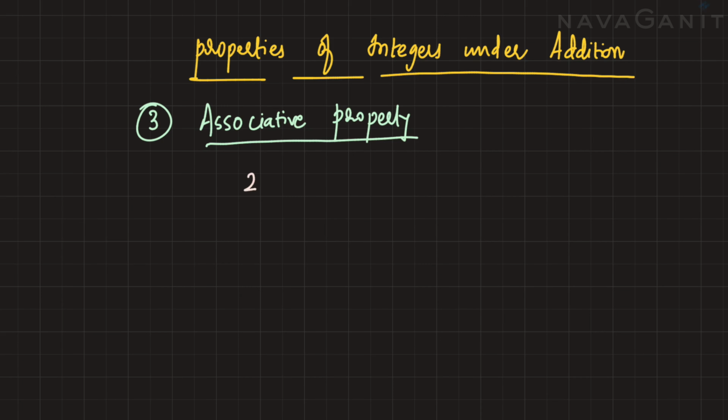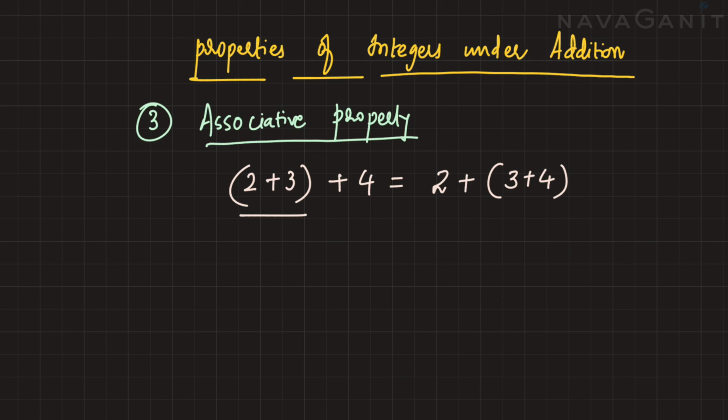For example, if we add 2 plus 3 and then we add 4 to it, it would be the same as adding 2 to the sum of 3 plus 4. So whether we add 2 plus 3 first and then add 4, or whether we add 3 plus 4 and then add 2, both would yield 9. So the grouping will not change the result. This is called associative property.